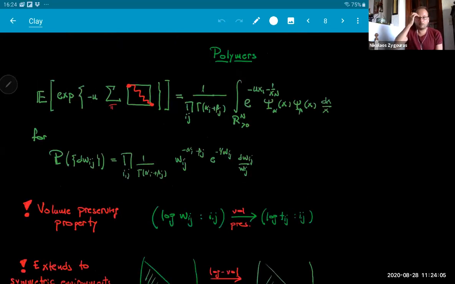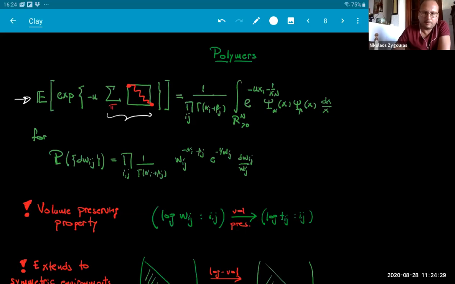Okay, now where do polymers come in? So I'm going to state the result, which is as follows. Let's look at the partition function of paths starting at the upper left corner and going to the down right corner.